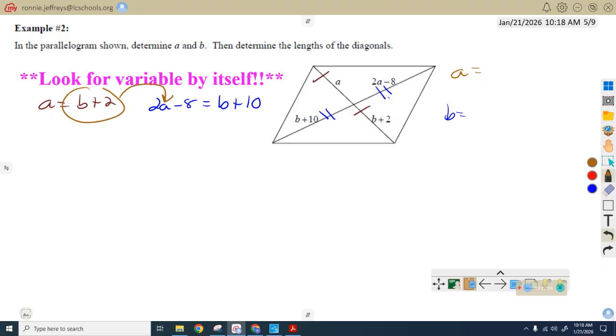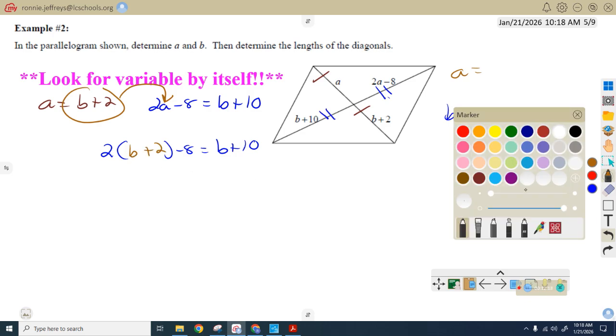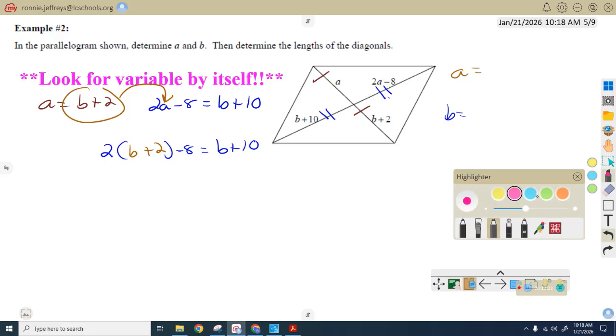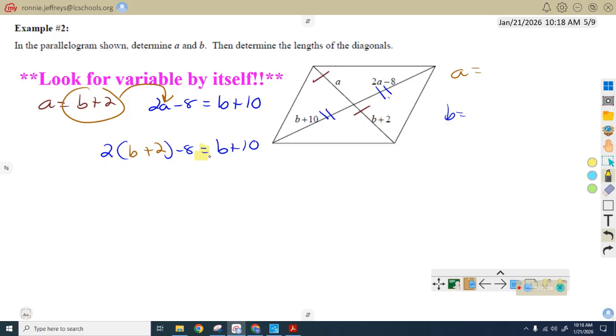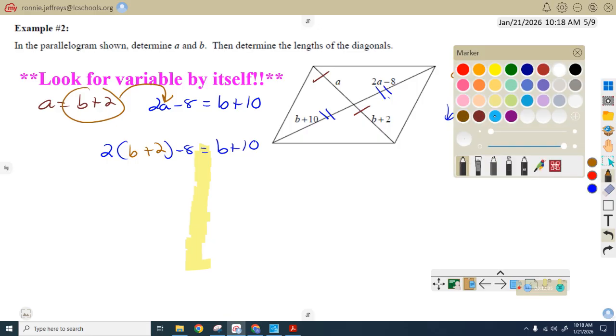I'm going to plug this in. So this is B plus 2. All right.